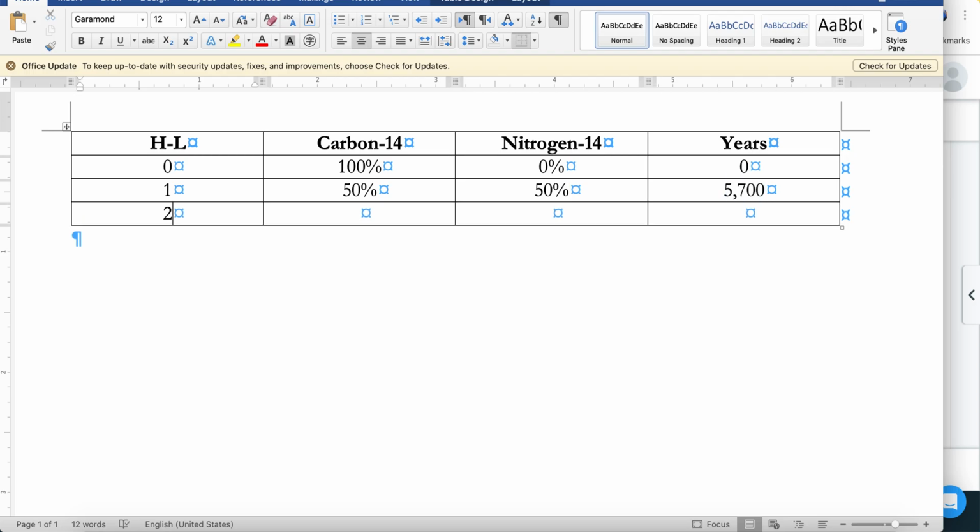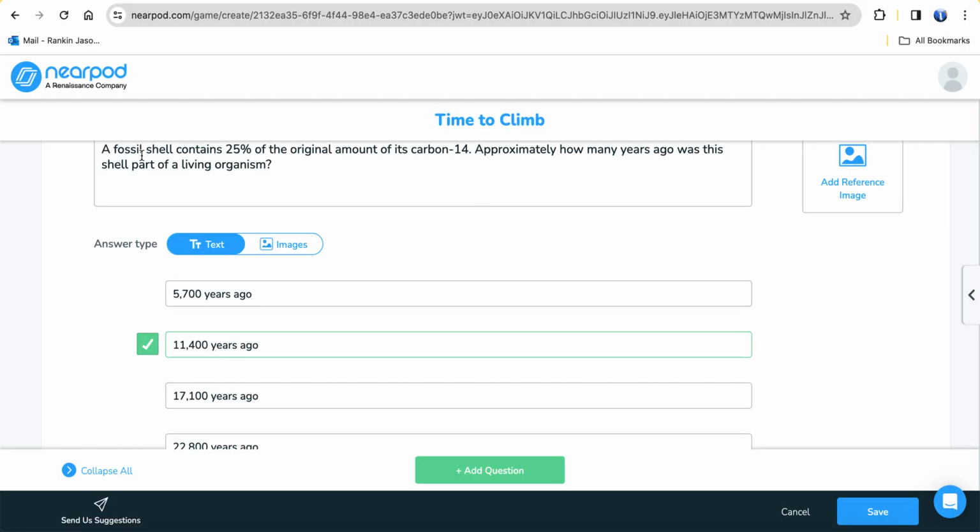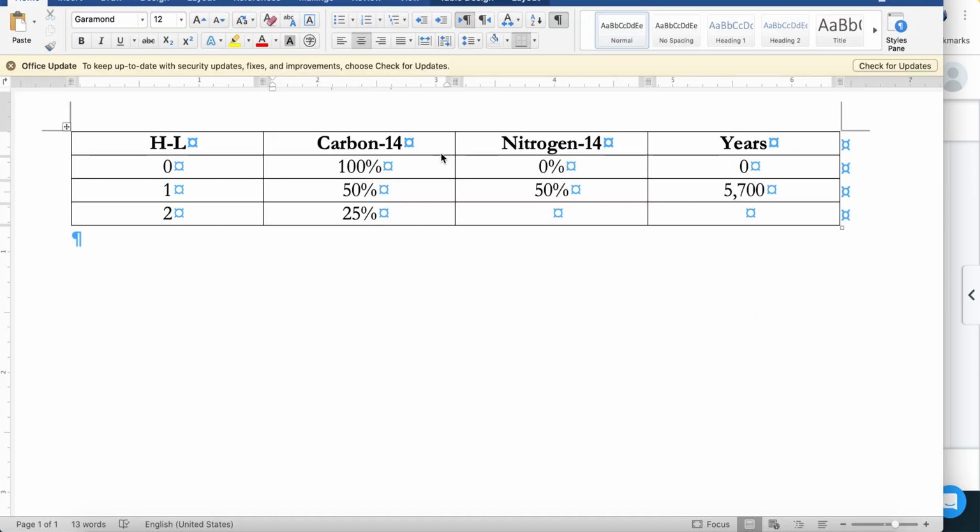At half-life 2, 25% remains. That's what we need. A shell contains 25% of the original amount of carbon-14, which means 75% has changed over, and the answer here is 11,400 years. Which is basically 5,700 times 2. That's how you get it.